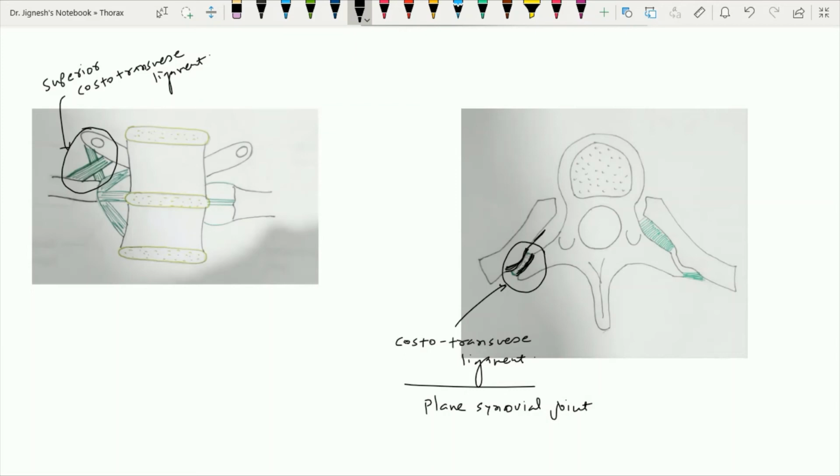The superior costotransverse ligament is attached on the crest of the neck of the rib, which is present on the upper border of the neck of the rib. The upper attachment of the superior costotransverse ligament is with the lower border of the transverse process of the vertebra one higher.